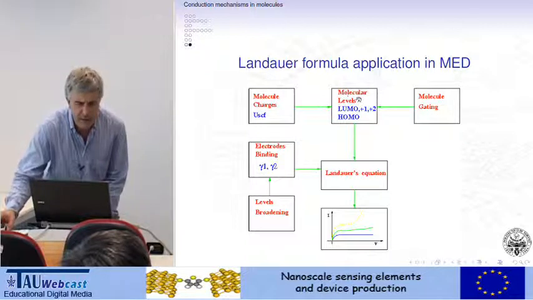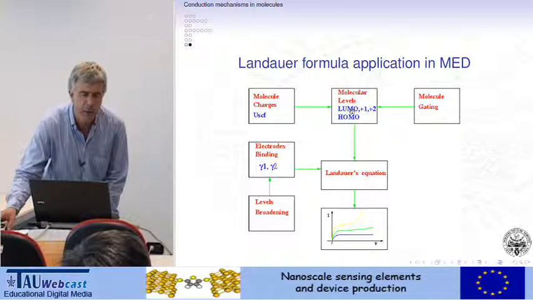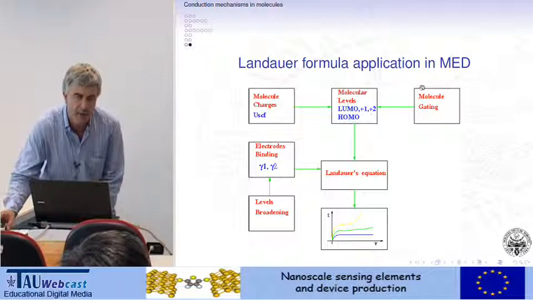Molecular levels depend on the molecule that you are using between electrodes. So, from the analysis that we are able to do, we can define the energy levels, the energy band diagram, like in semiconductors, if you know HOMO, LUMO, LUMO plus 1, plus 2, and so on.